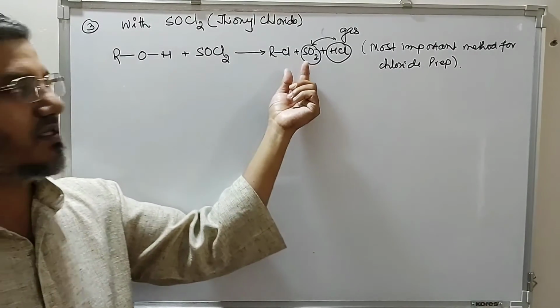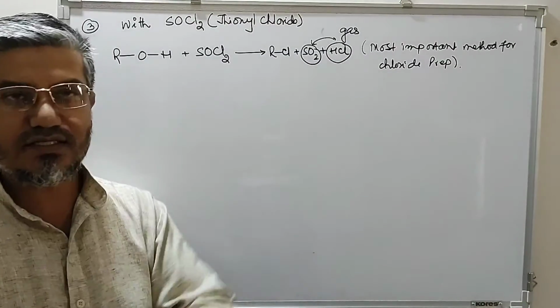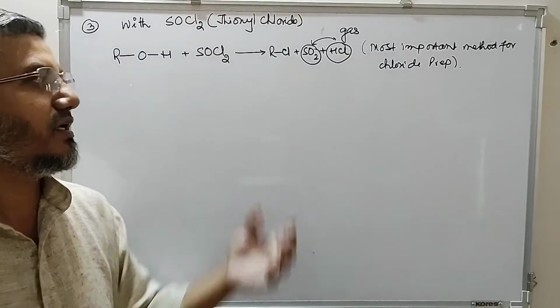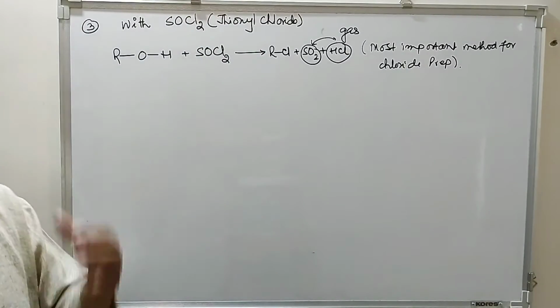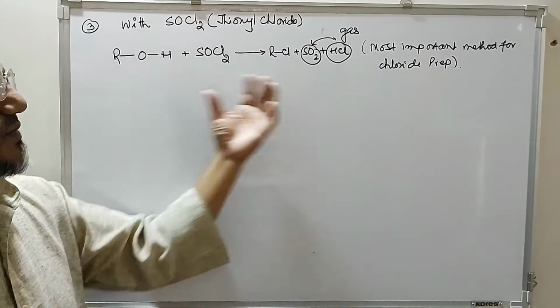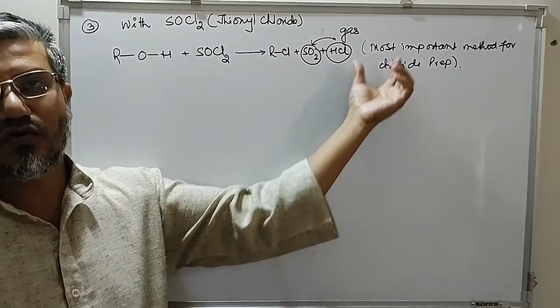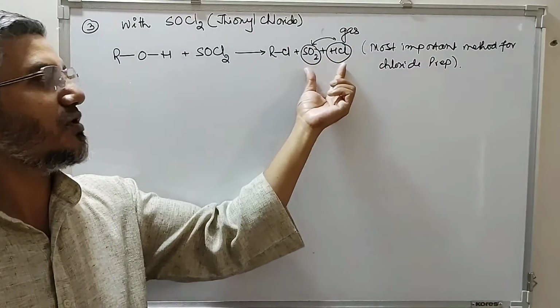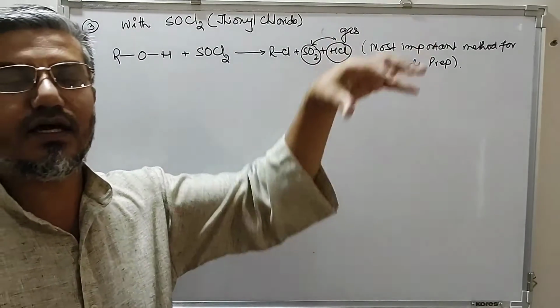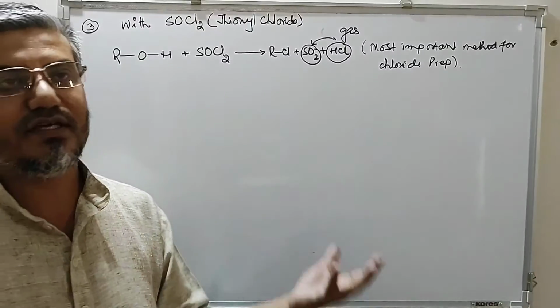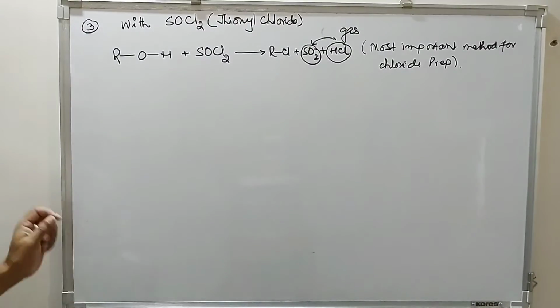We have sulfur dioxide gas, HCl gas. So being gases they easily escape from the reaction mixture and there is no need for further purification. So if the question says why this method is the most important method for chloride preparation, because the side products sulfur dioxide and HCl are gases and no further purification is required. So this is the reaction with thionyl chloride.